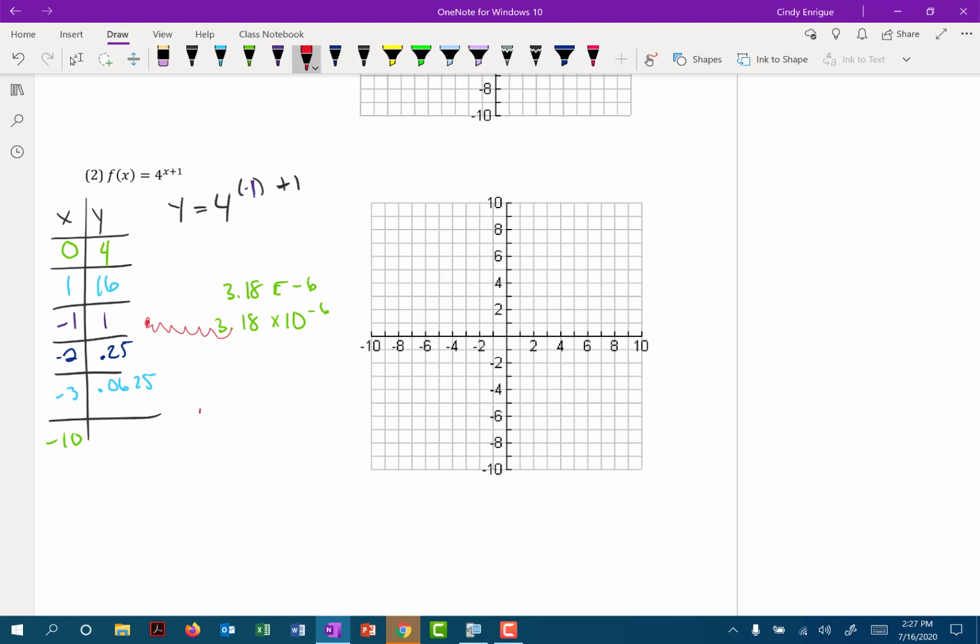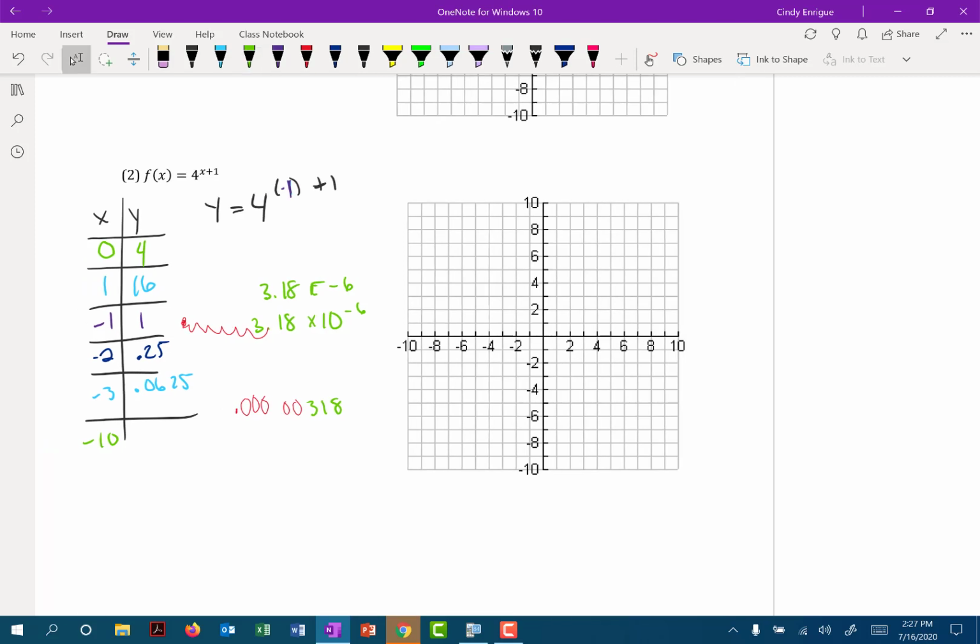So I'm going to have 0.00000318, right? So 1, 2, 3, 4, 5, 6. Yep. So this is a really, really small number. So again, it does not go past 0.